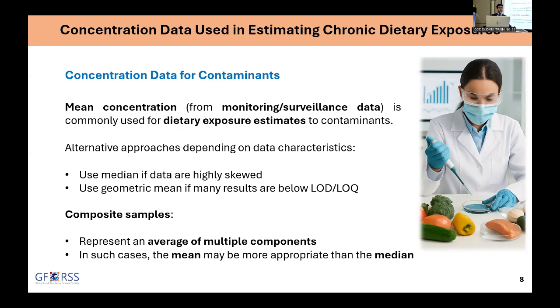These mean concentrations normally come from monitoring or surveillance data or plans implemented. I'm not detailing more where we use median or mean, but just to tell you that median could be a better statistical representation of the occurrence data. And we will be discussing that more from a statistical perspective.